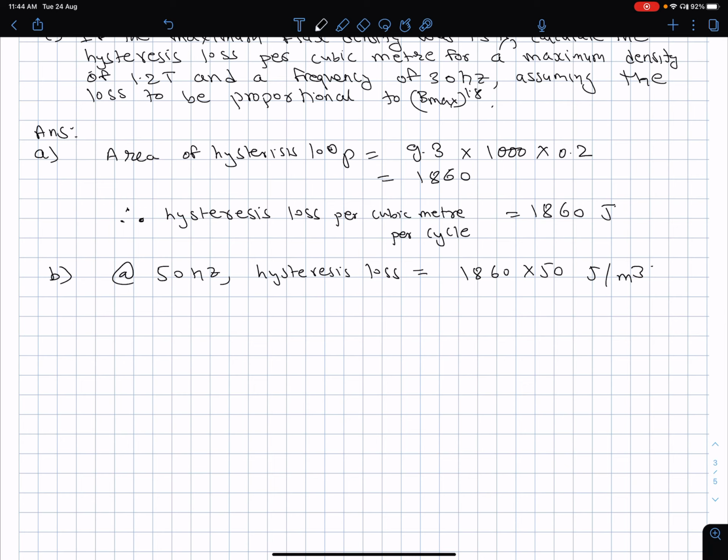So that's very simple. And this turns out to be 93,000 watts or 93 kilowatts. That's not a small number.